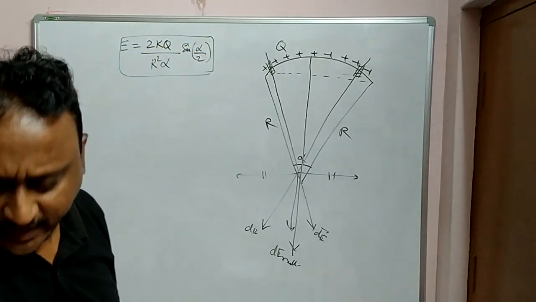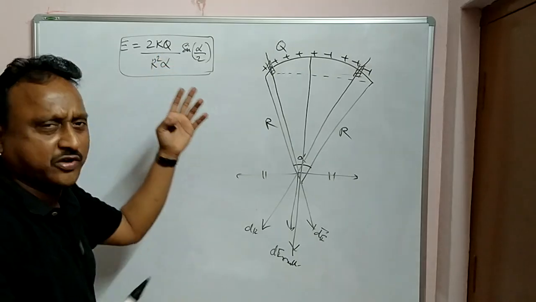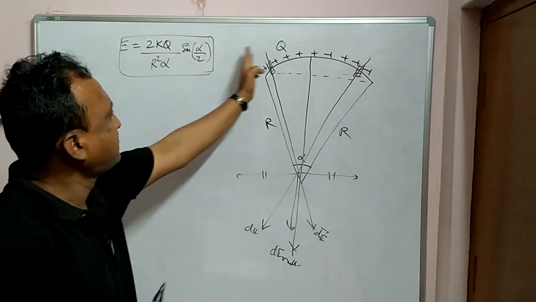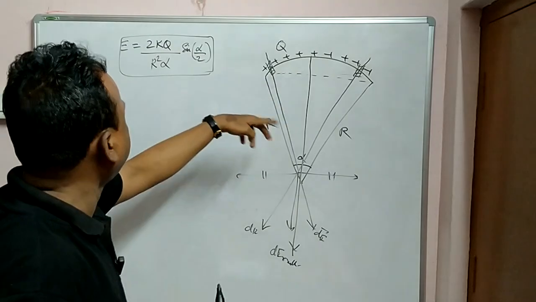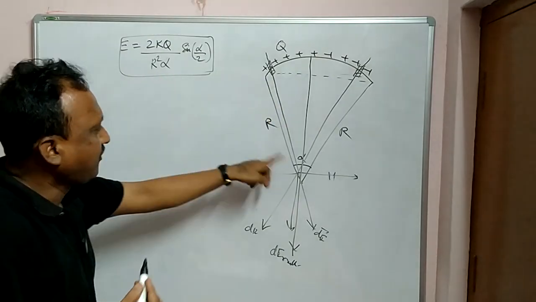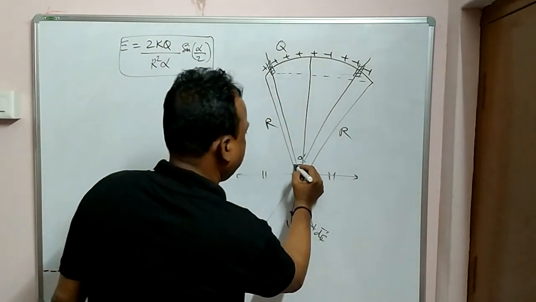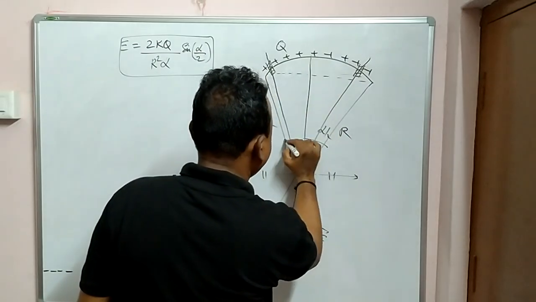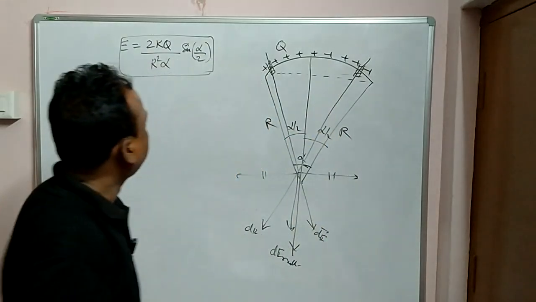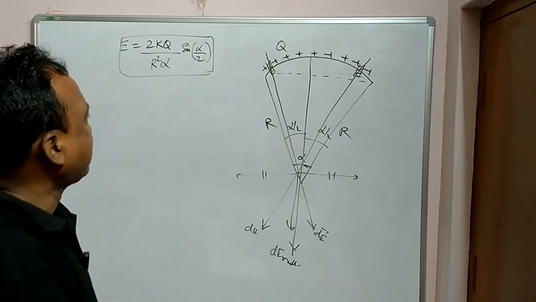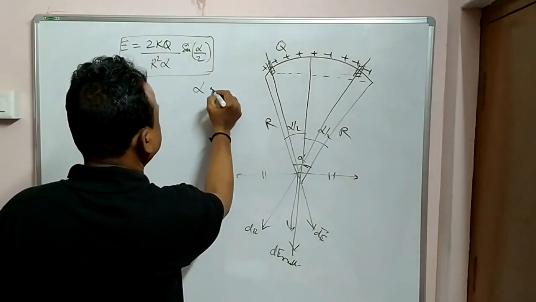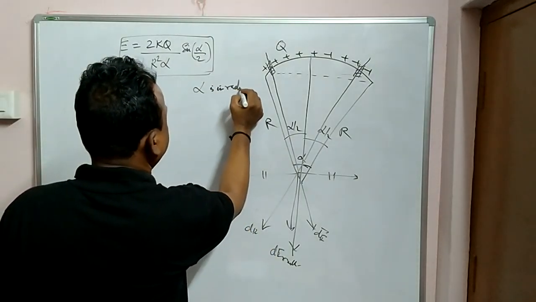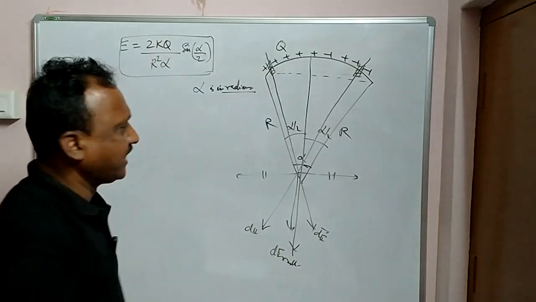Here k is the constant as usual, 1 by 4 pi epsilon naught. Q is the charge distributed on the arc of the circle, r is the radius, alpha is the total angle. It is completely bisecting, this alpha by 2, this is alpha by 2. And alpha is measured in radians.